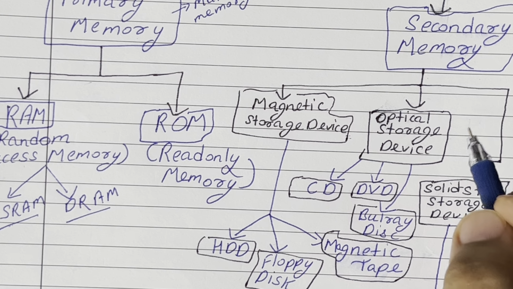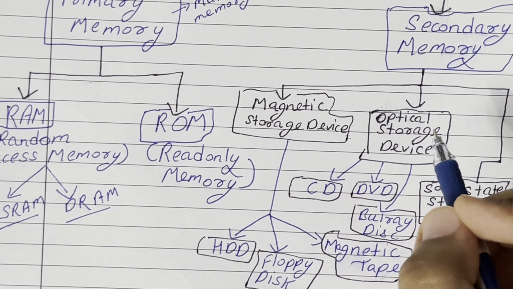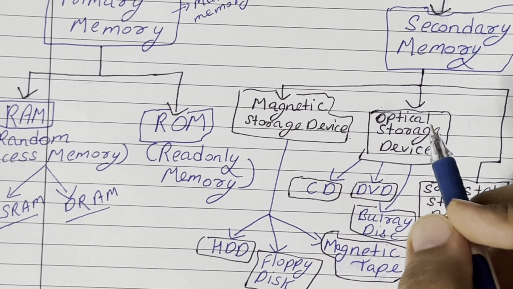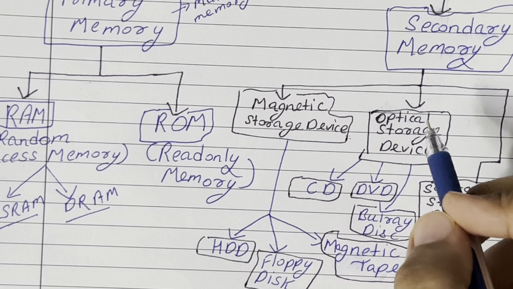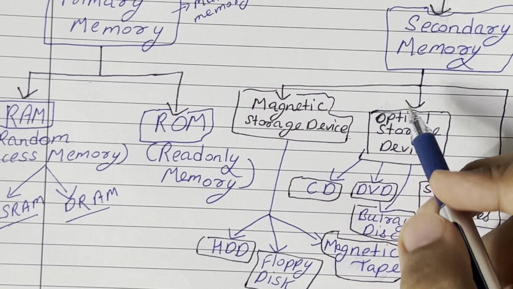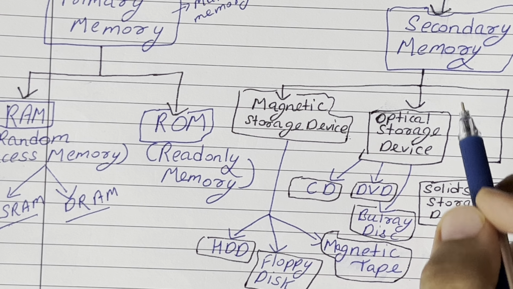So, whenever the user wants to execute a program, open a document, or perform any other operation, at that time the required data is transferred from the secondary memory into primary memory. Since it supports the main memory by providing permanent storage, it is called secondary memory.